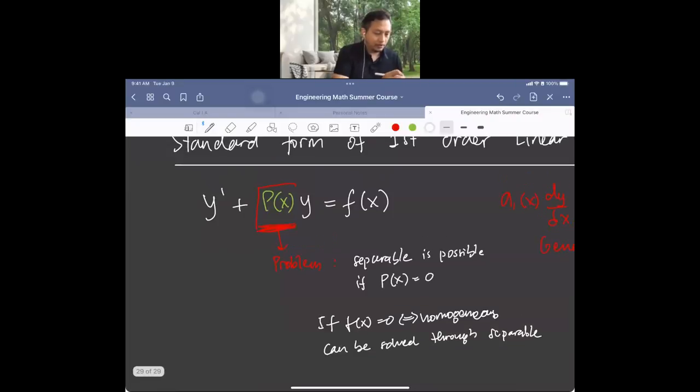If you imagine the right part is 0, you can move the x and group the y, and then integrate both sides. Still can be solved, right? So a homogeneous linear differential equation can be solved through separable, but for non-homogeneous, which means we have the f function of x, then we are having a problem here, right?